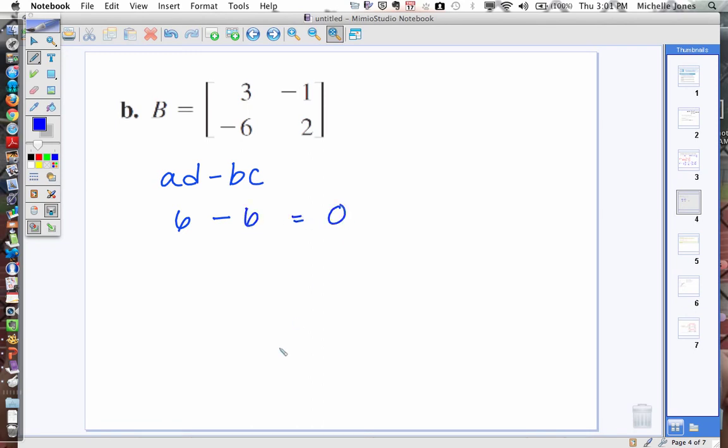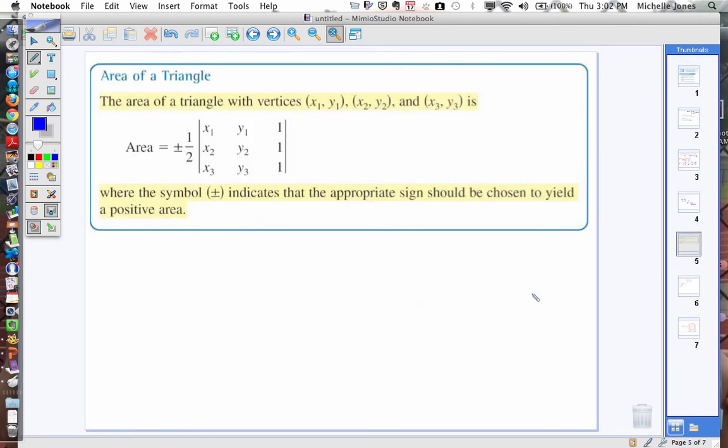So you end up subtracting, and your determinant is 0. When you get a determinant that's 0, the inverse is not possible. So therefore, B to the negative 1 is not possible. So you're done. There's no way you can calculate that out, because 0 times anything is just going to be 0. So there is no inverse.